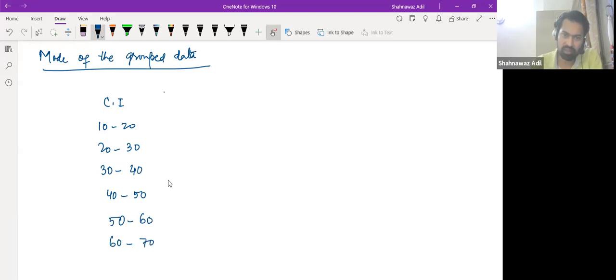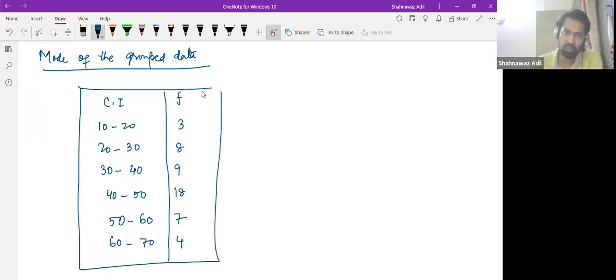And you have the frequency of this class interval. So let's say this is 3, this is 8, this is 9, this is 18, this is 7. Right, so now only these two things.